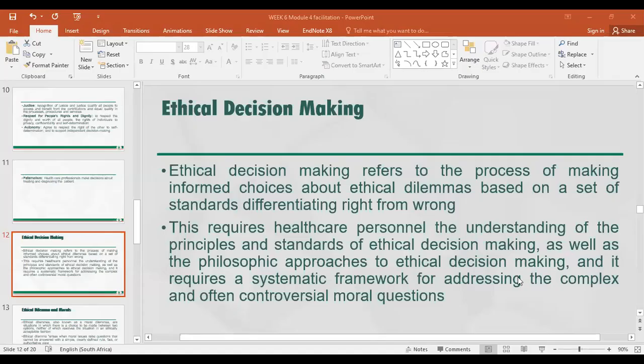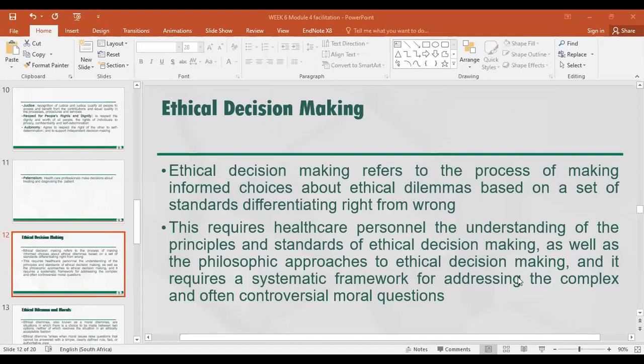And so I'm going to share with you the slide that I have on ethical decision making. When we say ethical decision making, it's simply a process of making informed choices. You have a situation and you need to make an informed decision in the face of circumstances around an ethical dilemma that is based on a set of standards.